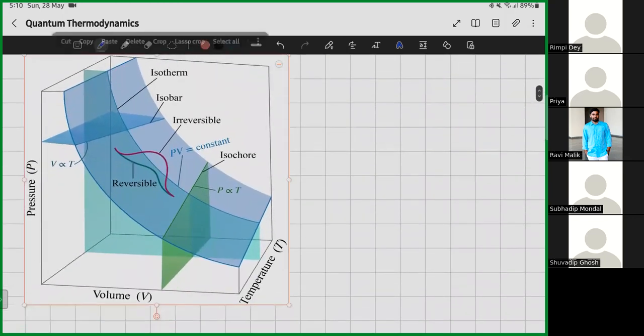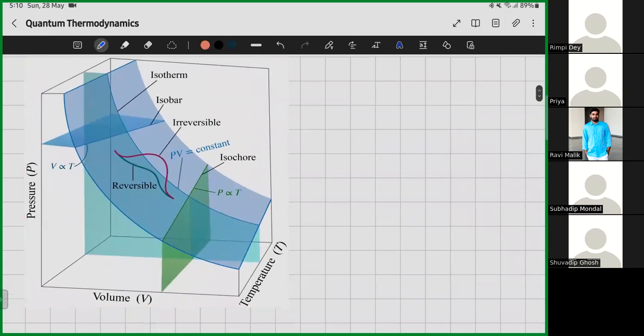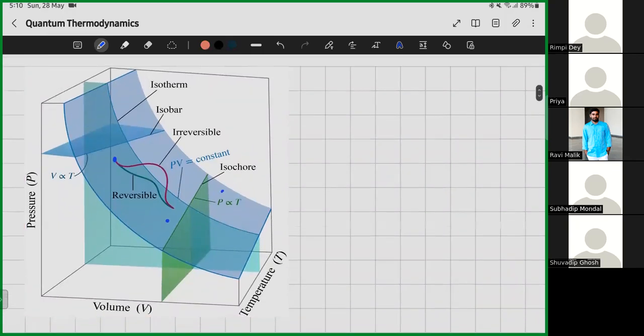Here, this is the pressure axis, the volume, and the temperature. We can see that each point on this manifold, we can think about any point, is describing an equilibrium state, because it's a function of volume, temperature, and pressure.